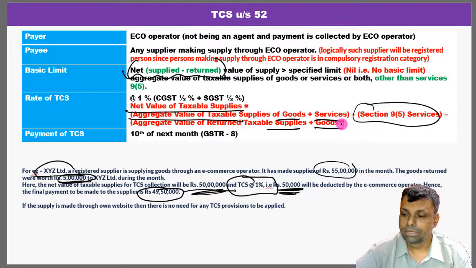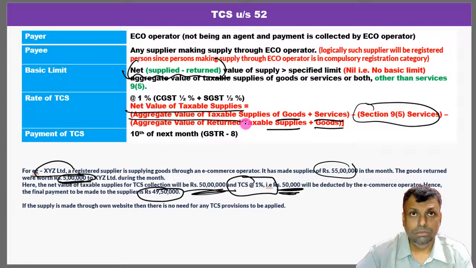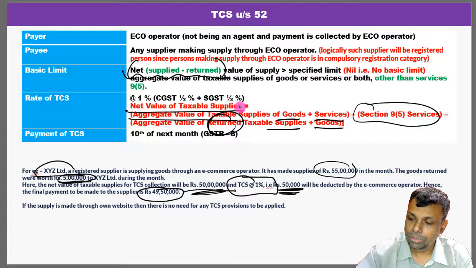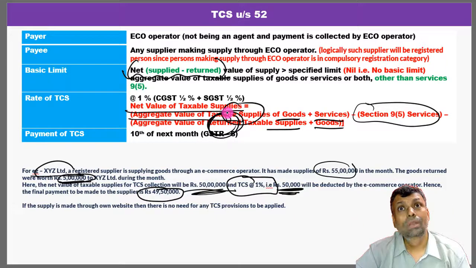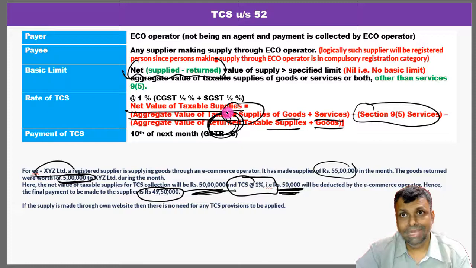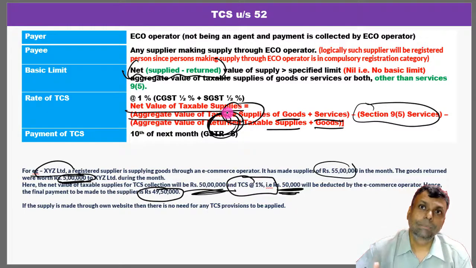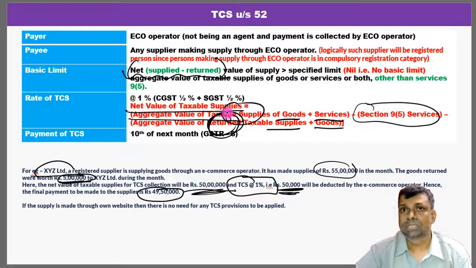In other words, whatever is supplied minus the returns, and minus section 9(5), is subjected to your net calculation. This is the formula; many people have developed it like that. On that you have to apply the provisions of the TCS.